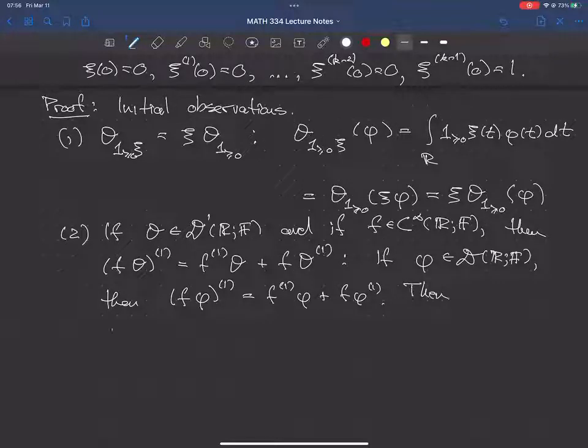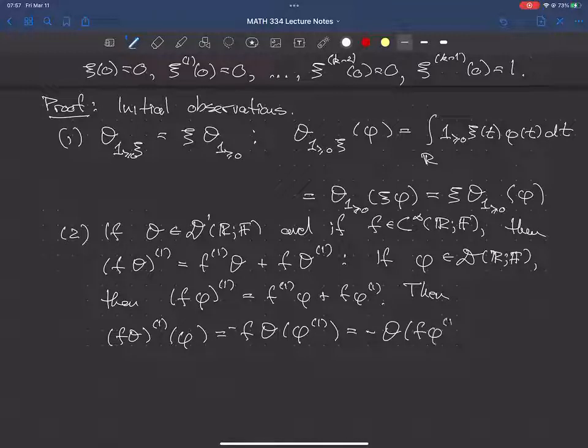Okay, so f theta 1 of phi. Okay, and so what I want to show in the end is that it's equal to that of phi. Okay, so now I use the definition of derivative, and so this is f theta of, minus f theta of phi 1, and that's minus theta of f phi 1.